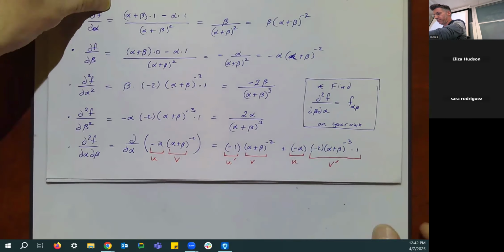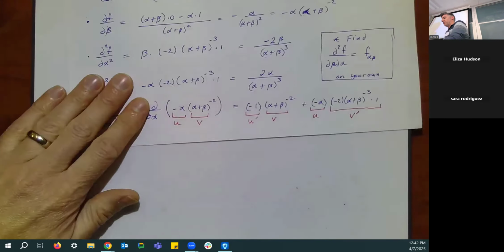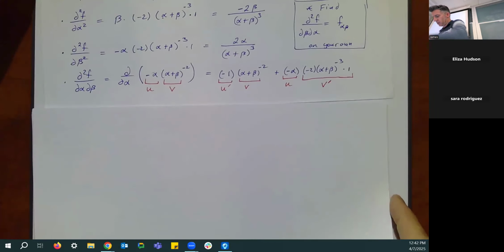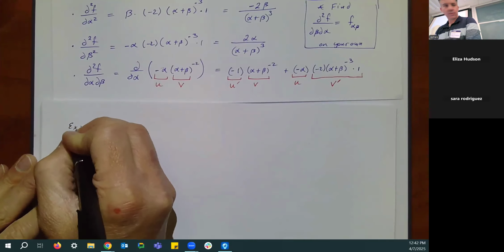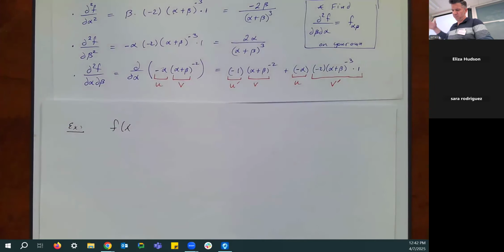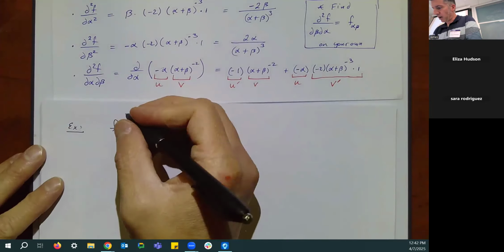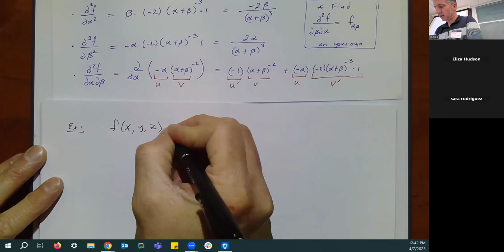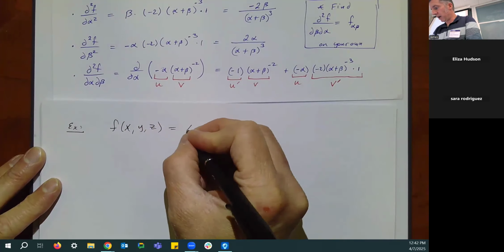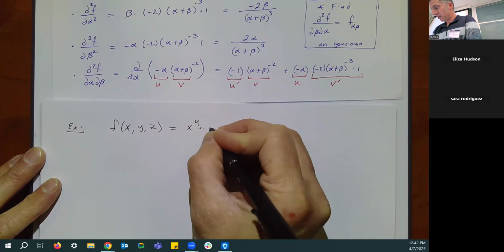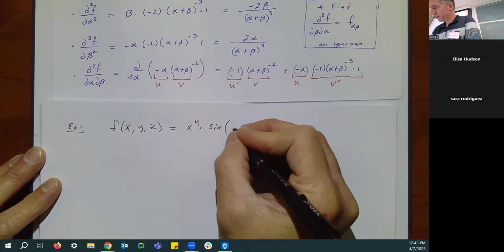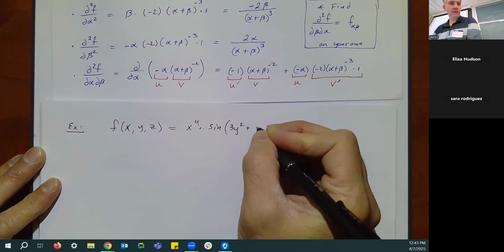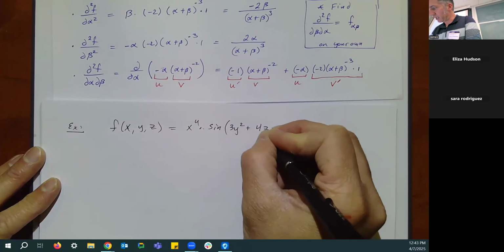So, for example, if we had f of x comma y comma z equal to x to the 4th times sine of 3y squared plus 4z.